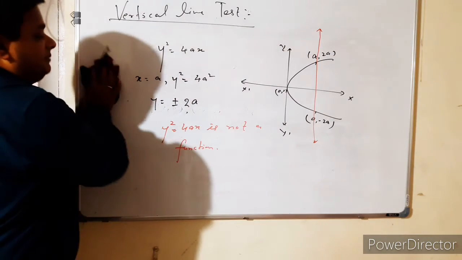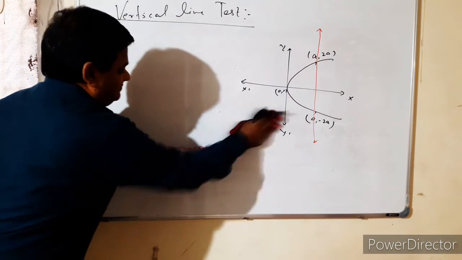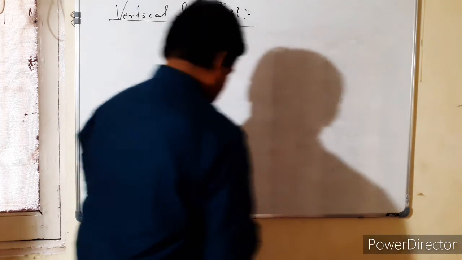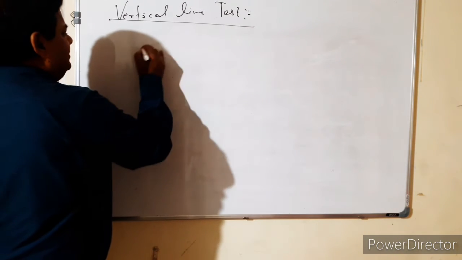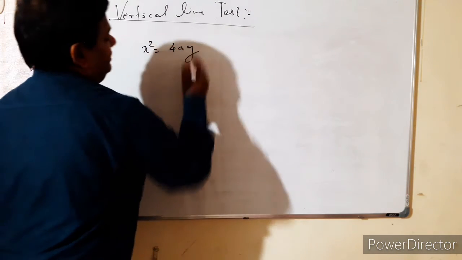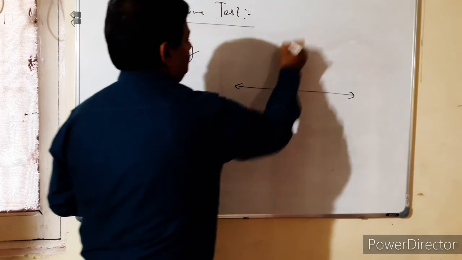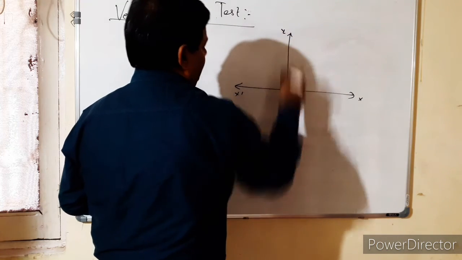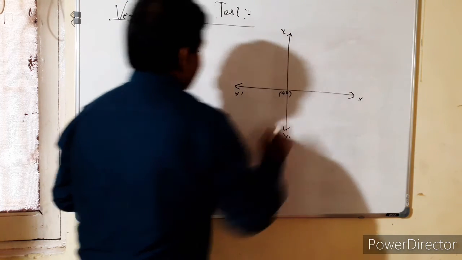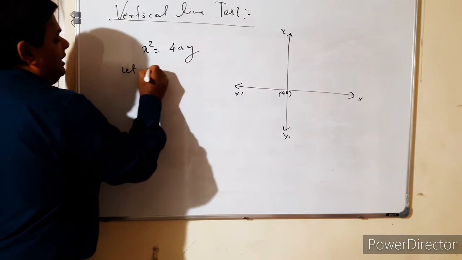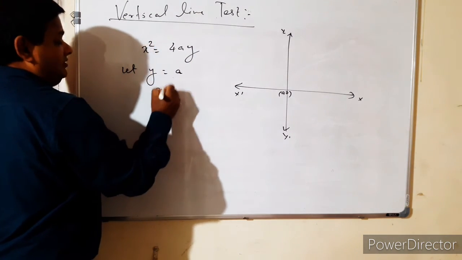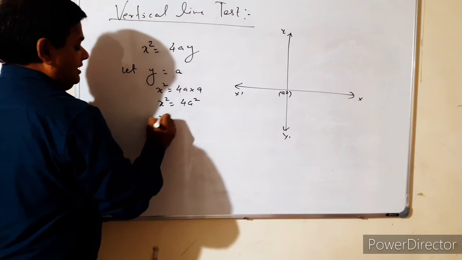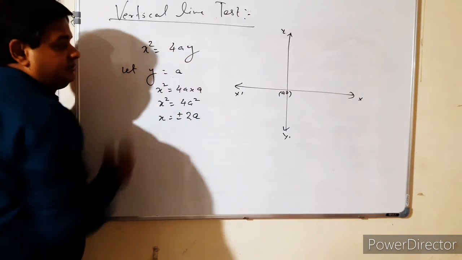Now the next example I am taking: x square equal to 4ay. X, x dash, y dash, origin. Let y be equal to a. So x square equal to 4a into a, so x square equal to 4a square, x equal to plus minus 2a.